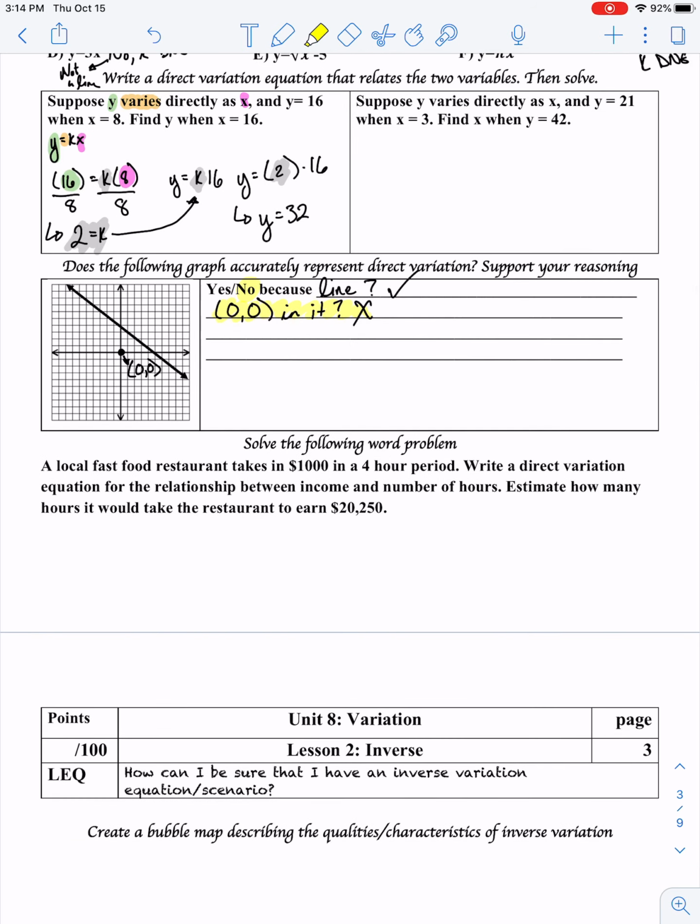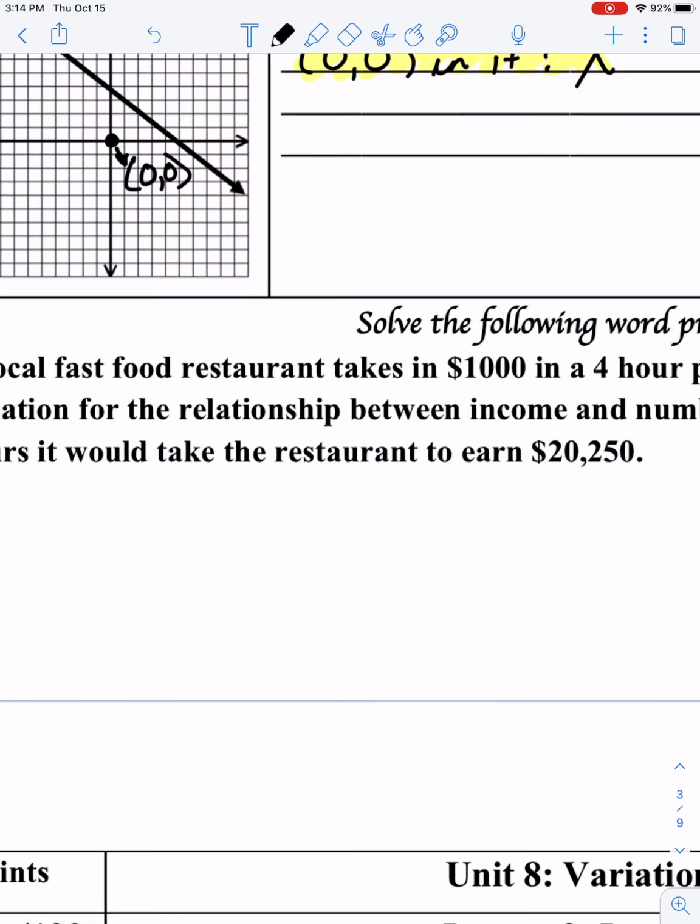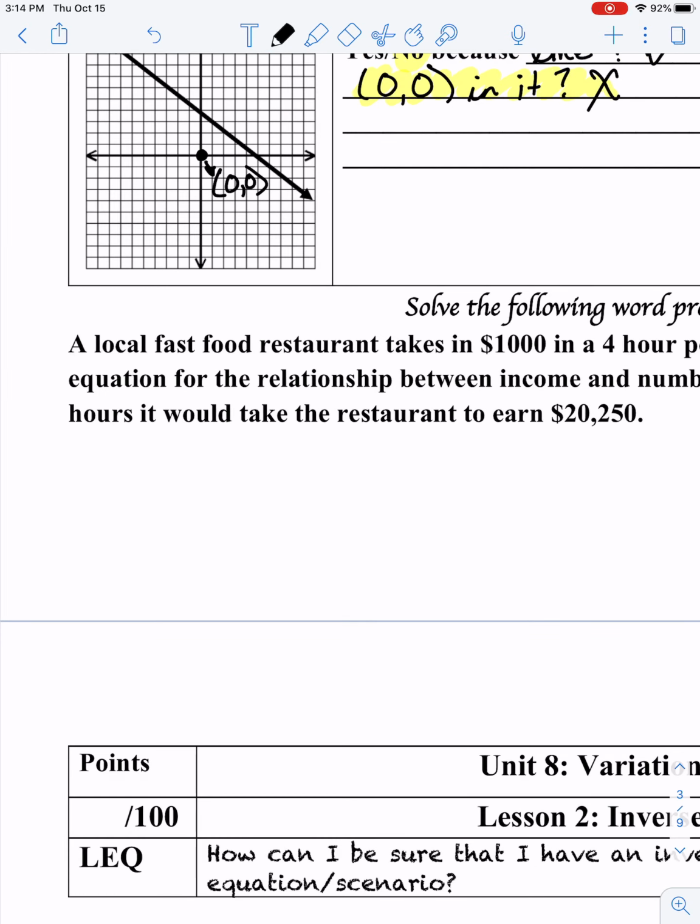A local fast food restaurant takes in $1,000 in a 4-hour period. Write a direct variation equation for the relationship between income and the number of hours. Estimate how many hours it would take the restaurant to earn $20,250. Okay. With word problems, it's all about figuring out what's going to be our x and what's going to be our y.